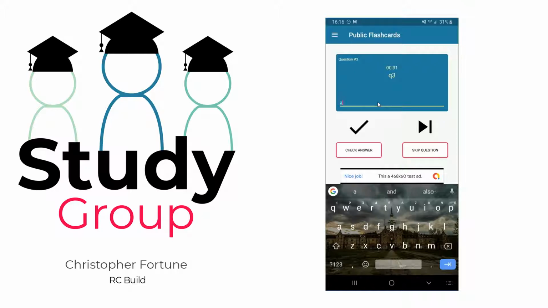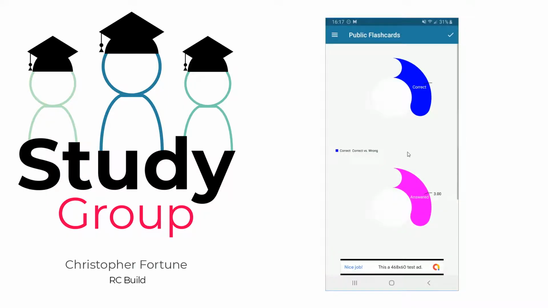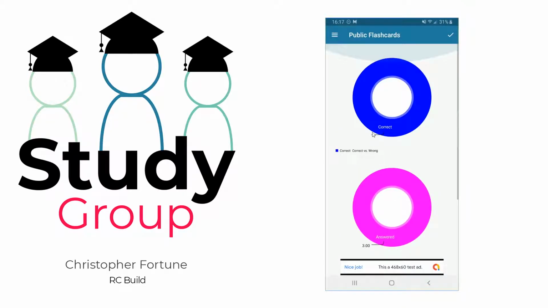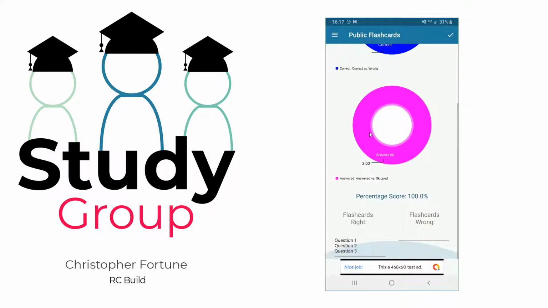If I answer all these questions correctly, it's going to display that it was correct. It's going to display the correct versus wrong. Again, this is a render bug. Why it's not displaying that number is beyond me. If we go down here to the answered versus skipped, it's displaying how many questions we answered correctly.